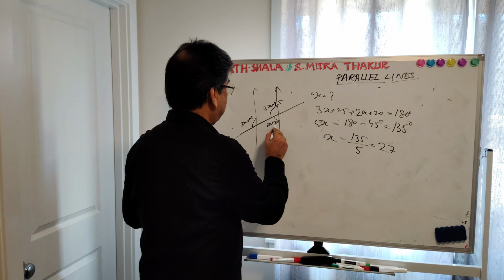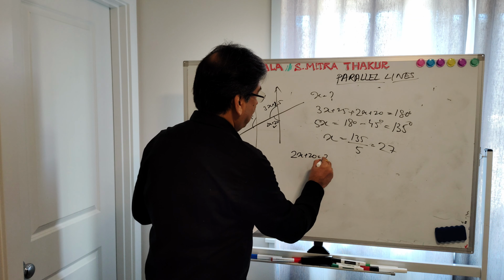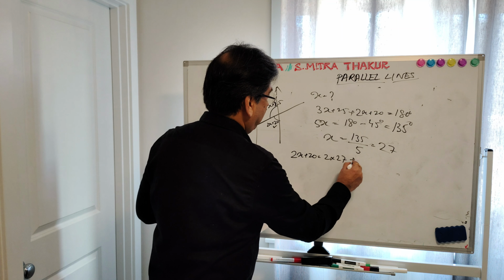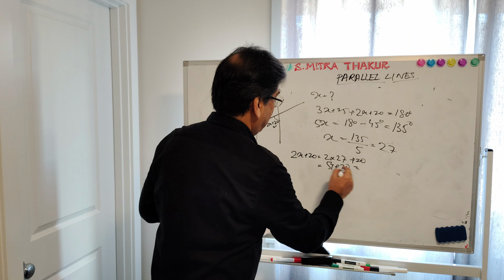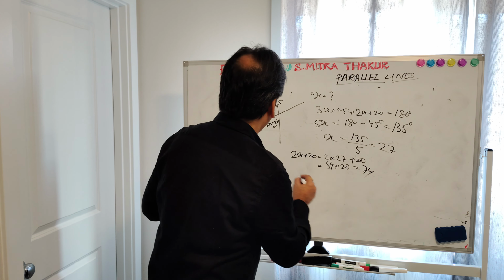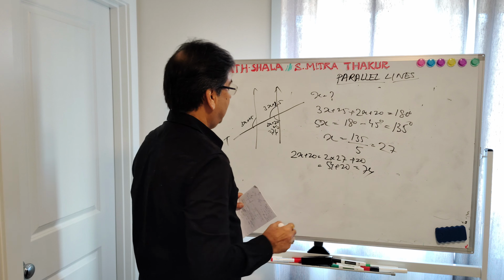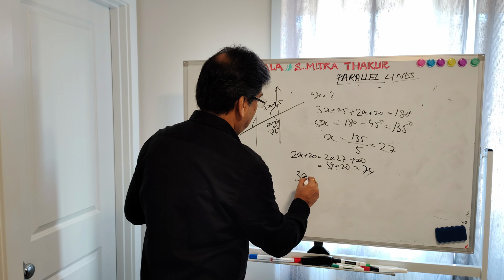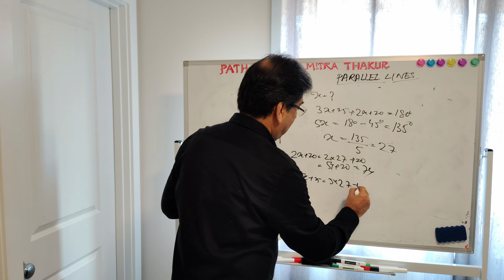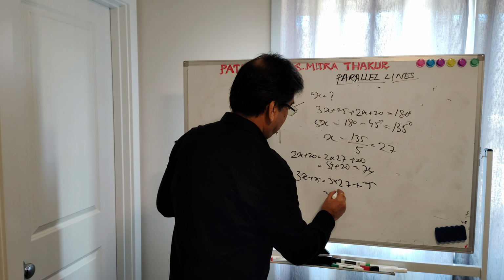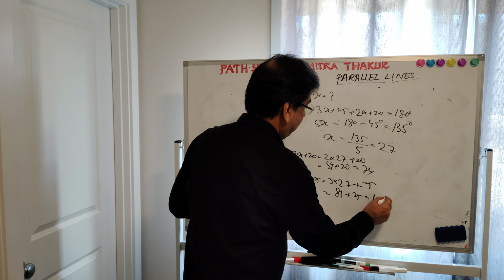So therefore, this angle will be 2x plus 20, 2 into 27 plus 20, that is 54 plus 20, that is 74 degree. This angle will be 74 degree, and this will be 3x plus 25, that is 3 into 27 plus 25, that is 81 plus 25, that is 106 degree.